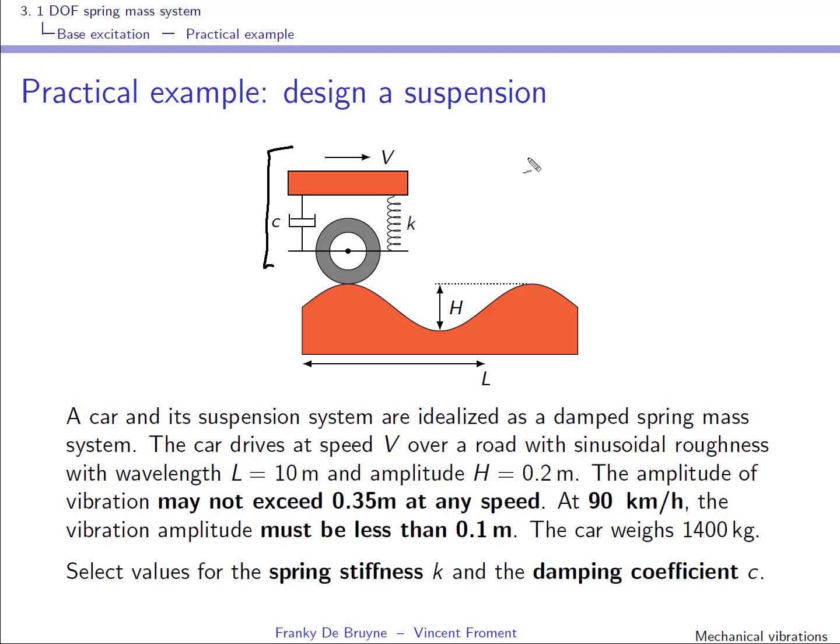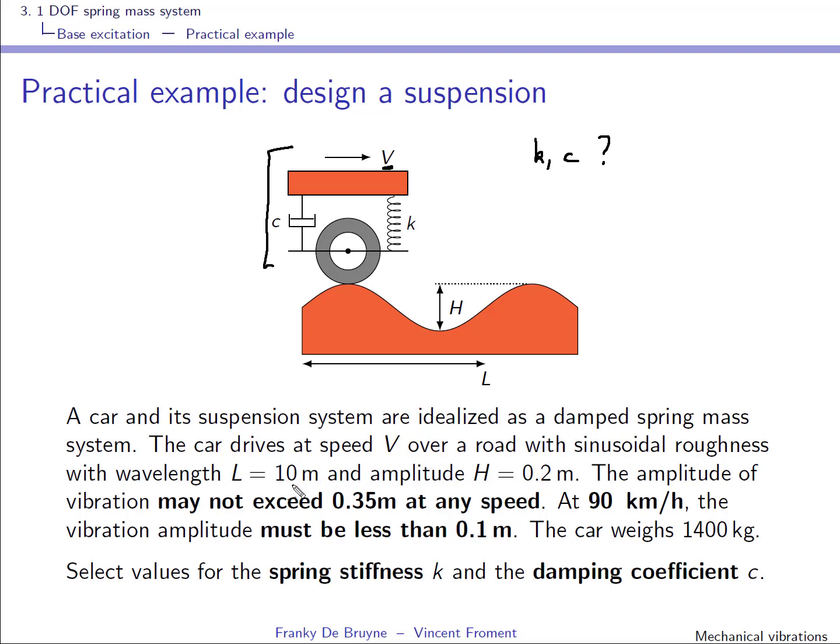The idea is, can we compute K, the spring stiffness, and the damping coefficient C, in order to meet some specifications? This car is driving at a speed v over a road that is modeled by a sine wave.